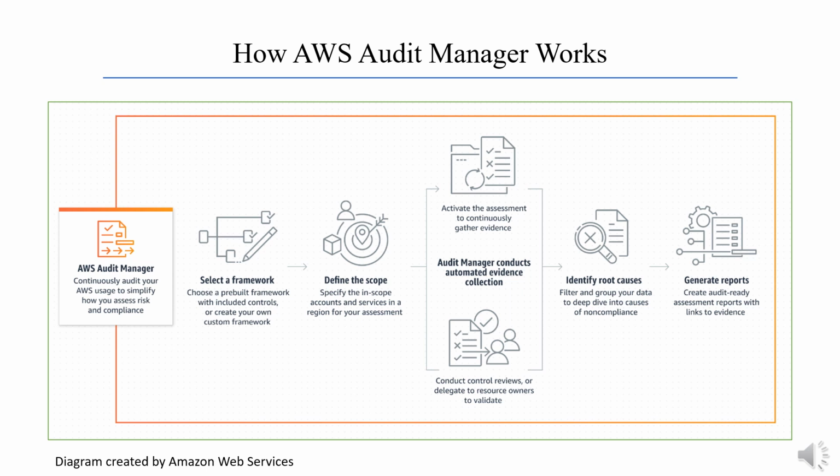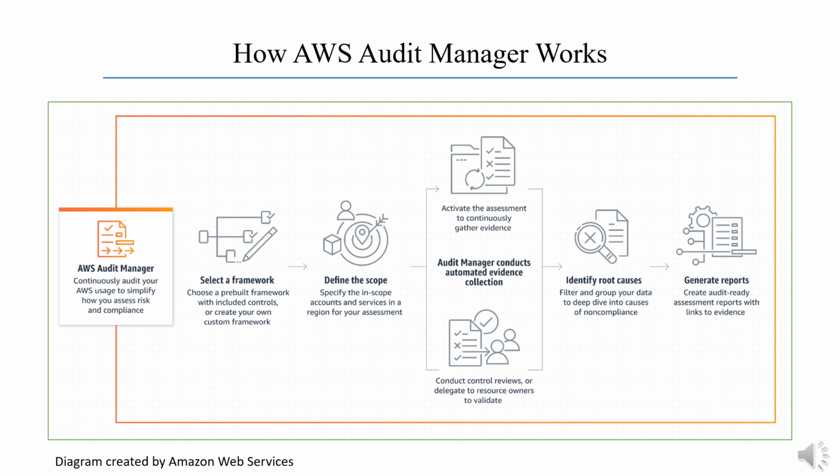Excellent. Now let's see how AWS Audit Manager works in a typical application environment. Use AWS Audit Manager to map your compliance requirements to AWS users' data with pre-built and custom frameworks and automated evidence collection. The diagram is created by Amazon Web Services.